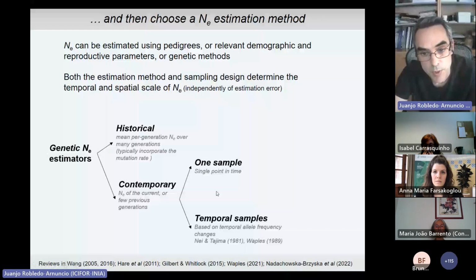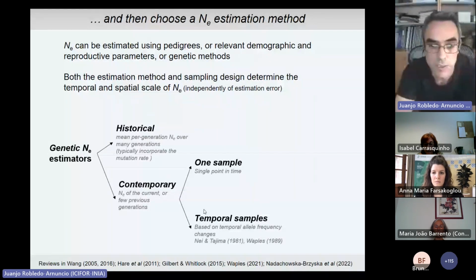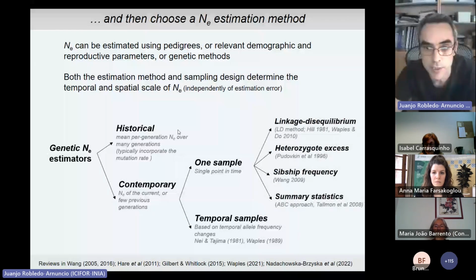One is the temporal methods, which are based on temporal allele frequency changes in time and require sampling at at least two different time points, which may be rather difficult in trees. And then we have the one sample methods, which require samples taken at a single point in time, and which are the ones that are most frequently used in conservation genetics using genetic markers.